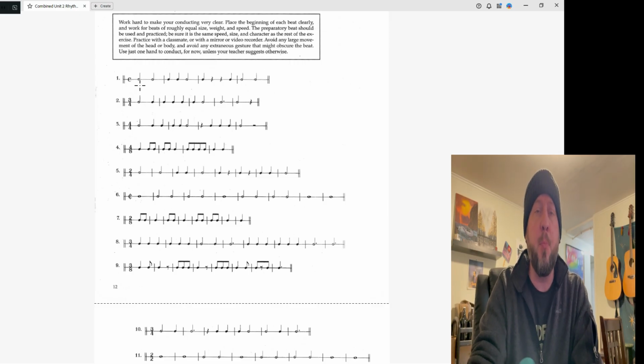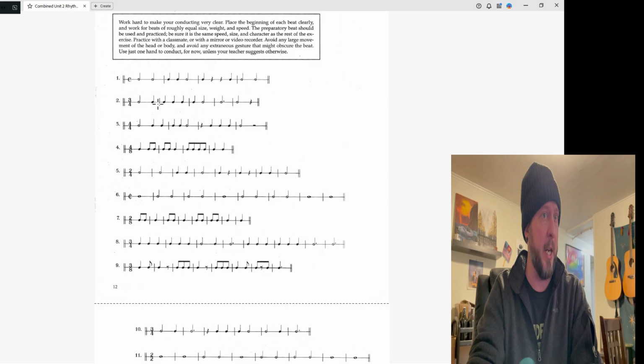For example, to put the numbers in, this is what we would end up doing. I'm going to do it on number 2 because it's a little more self-explanatory by seeing it here on the page. This top number here, which is a 3, means 3 beats per measure. So in this section we're going to have numbers 1, 2, and 3, same as for this one, and this one, as well as this one.